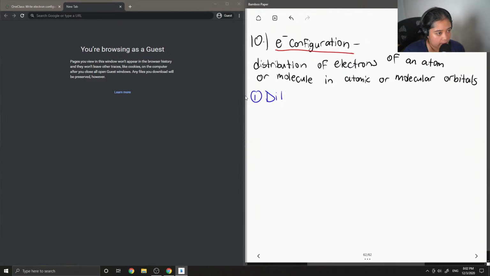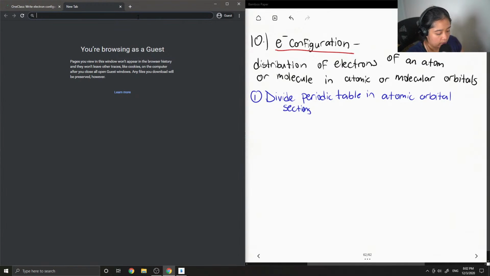The first thing is to divide the periodic table into atomic orbital sections. I'll look this up on Google just to show what it would look like.